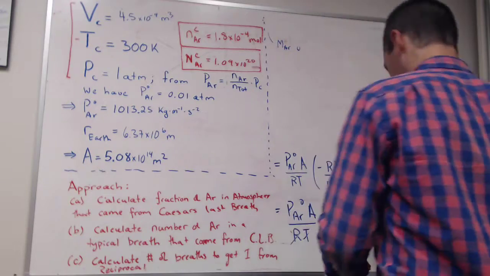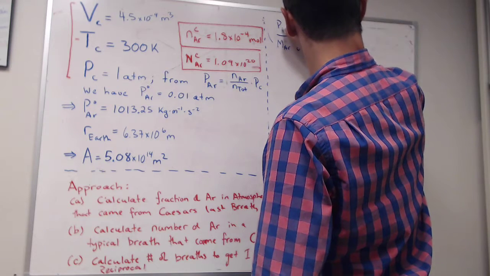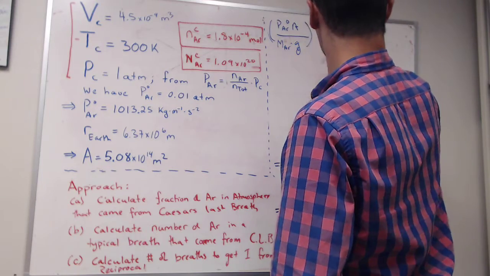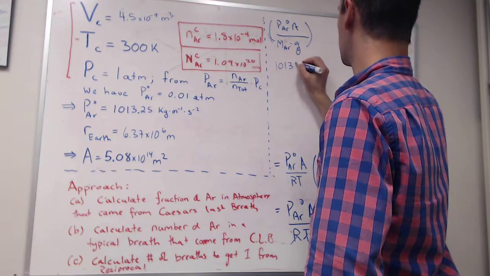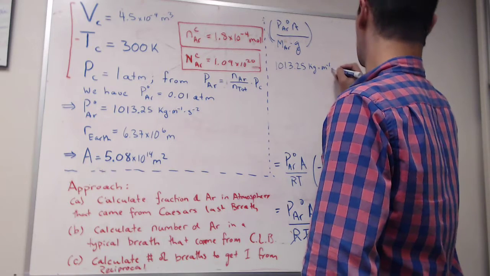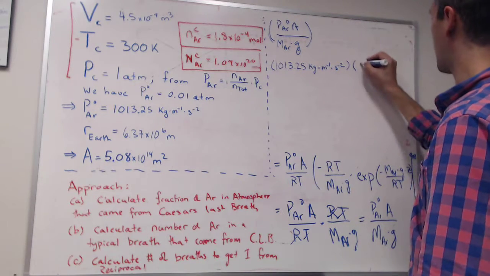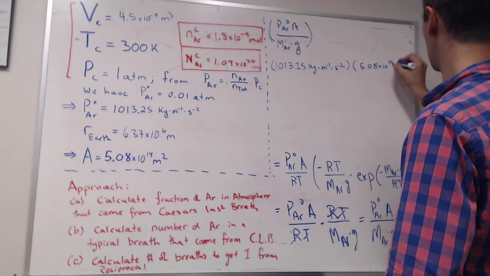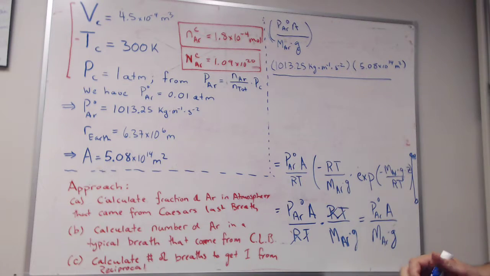Okay, so let's rearrange this. Down below, this is 1013.25 kilogram times meter to the minus 1 times second to the minus 2, times 5.08 times 10 to the 14 meters squared, over, what's the molar mass of argon?